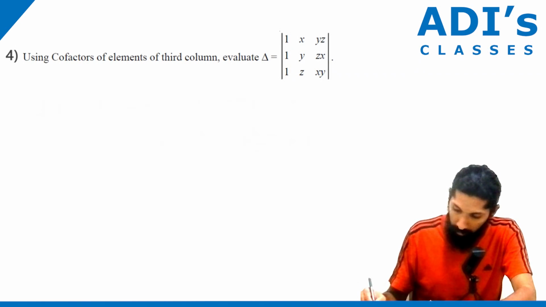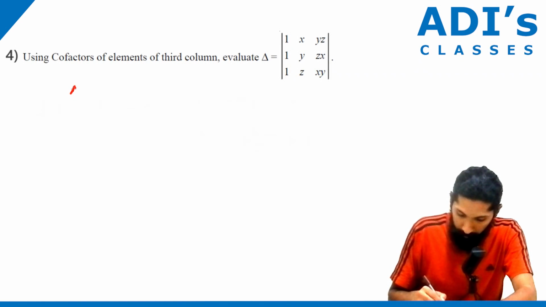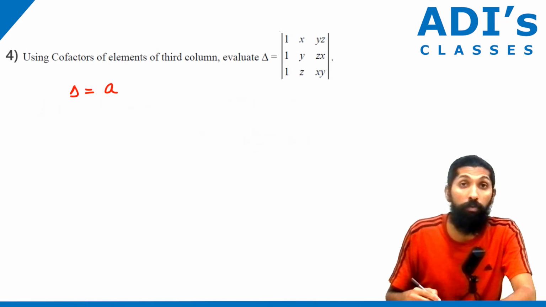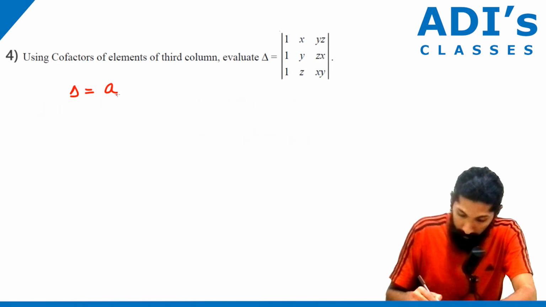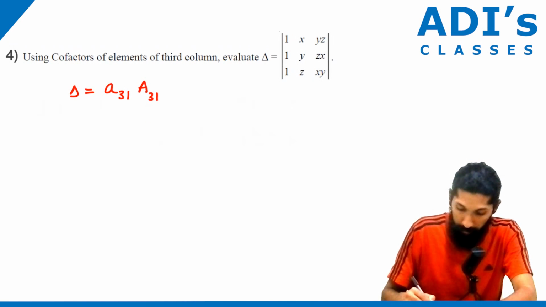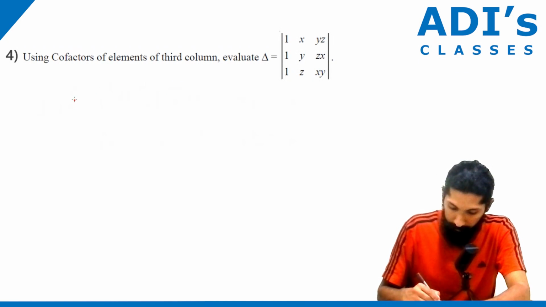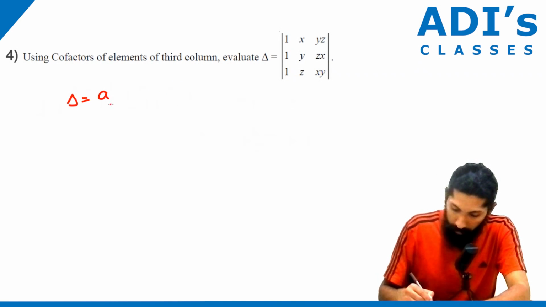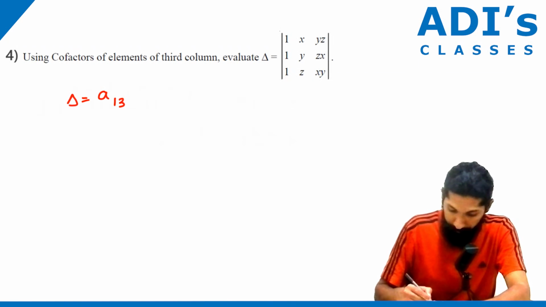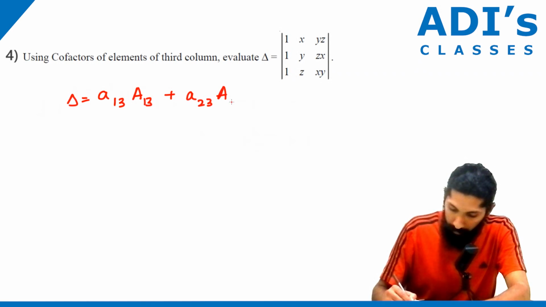The relation is basically delta is equal to, in this case, only the third column, right? A13, first row, third column, A13, plus A23, capital A23, plus A33, capital A33.